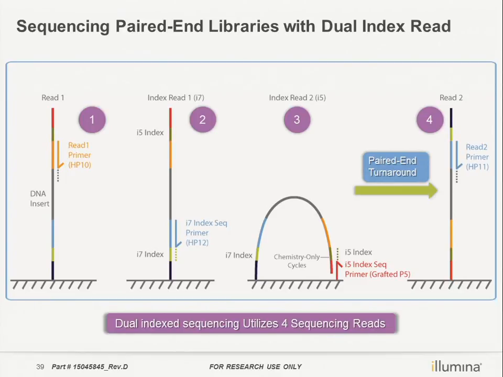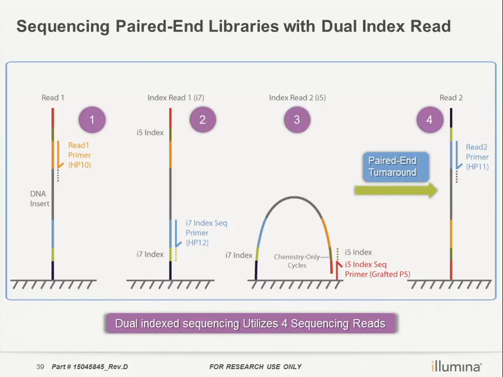It's called a dark cycle because nothing is imaged, but it still consumes your sequencing reagents. But it's already included in the reagent, so don't worry. After the dark cycles, which aim to repair the adapters that were clipped in previous steps, you sequence index 2, then complete the paired-end turnaround, and finally sequence read 2.